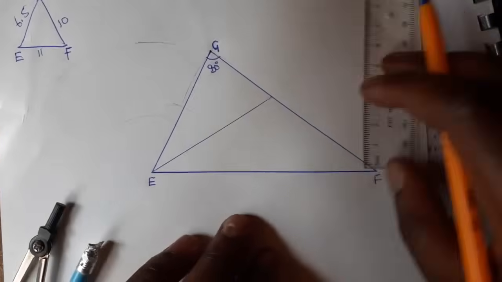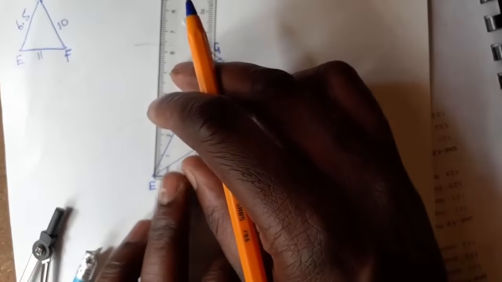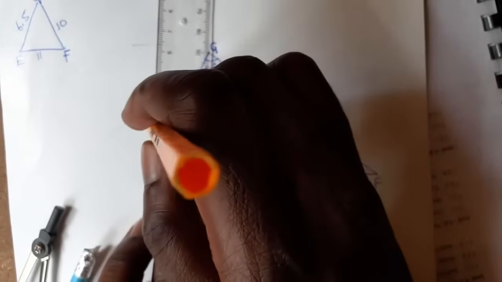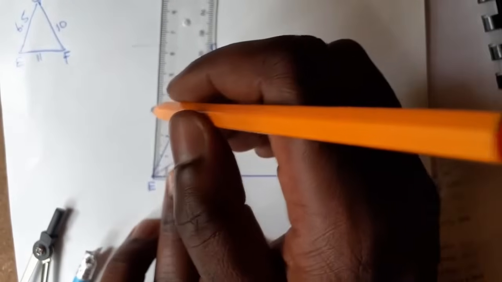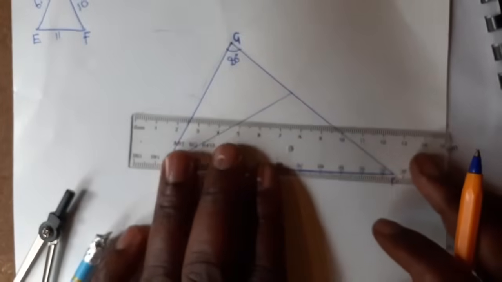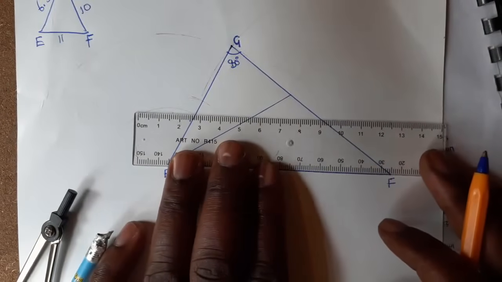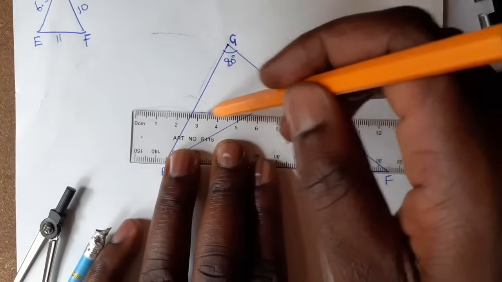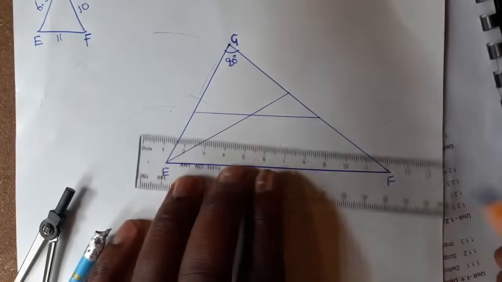Then we can also come this side and measure 2.5, which is at this point. Then we join these 2 points, but we'll just concentrate on the part that is within the triangle, like this.